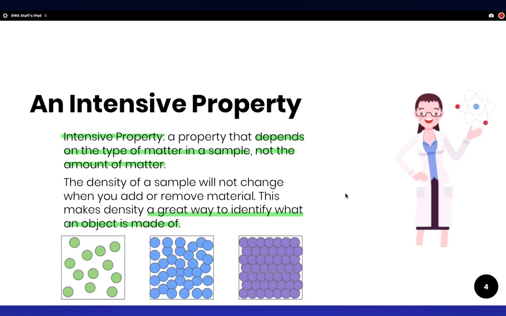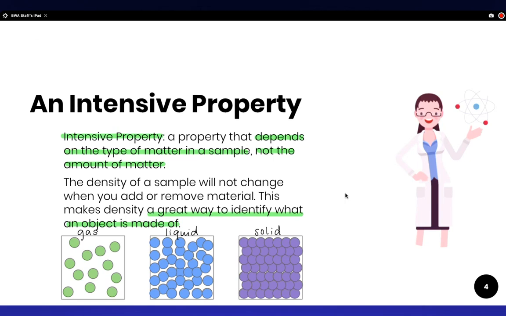I've created these boxes at the bottom of the slide to give you another example of density. The little circles are supposed to represent atoms. So in green, we have a gas. Blue is supposed to represent a liquid. And I'm sure you can guess that the purple one is supposed to represent a solid.